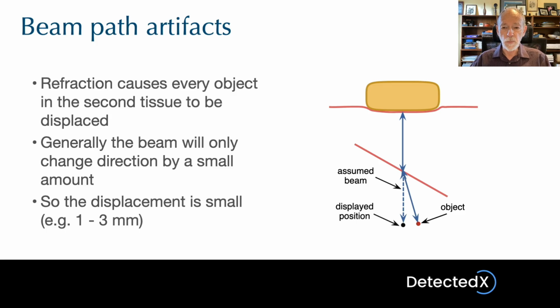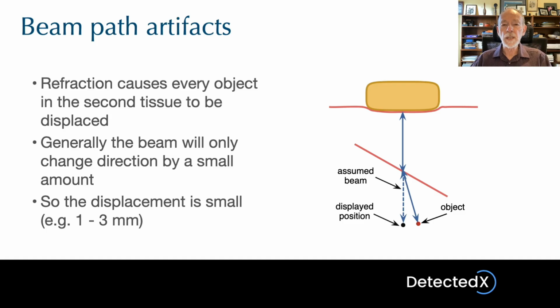The machine assumes that the beam has continued on in a straight line, as I've shown with the broken line. So when the refracted beam strikes an object, such as I'm showing in this diagram, the machine is going to display that as if the beam had not been refracted. The machine, after all, has no way to know that refraction has occurred.